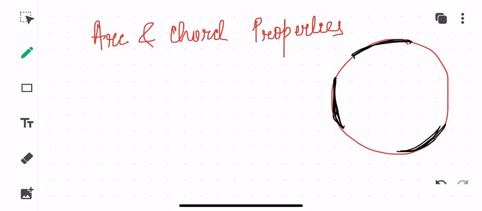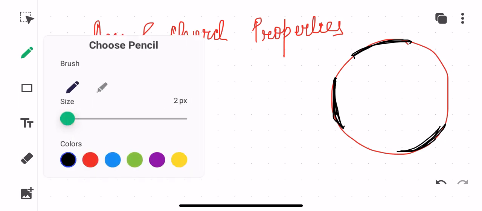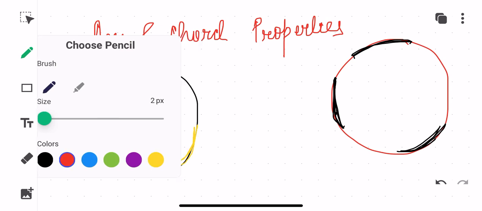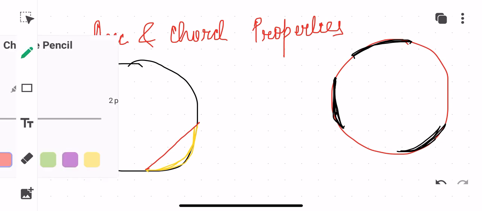Okay, so the first property is that equal arcs cut equal chords, and equal chords cut equal arcs. What does this mean, children? Suppose this is my circle. Equal arcs cut equal chords: suppose the length of this arc is equal to the length of this arc, then the length of this chord will be equal to the length of this chord.